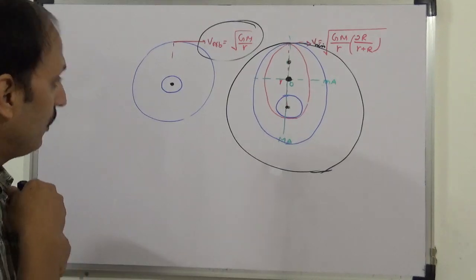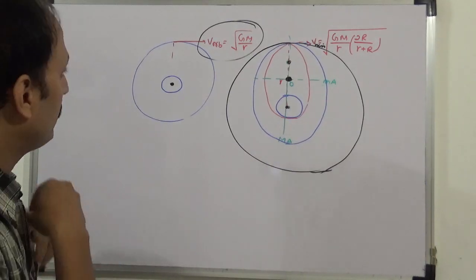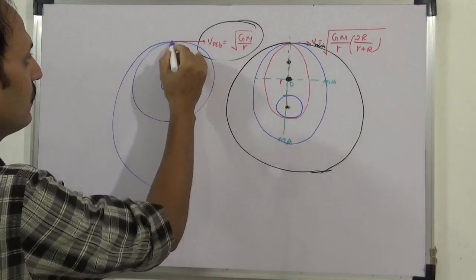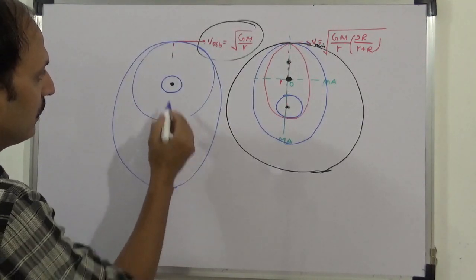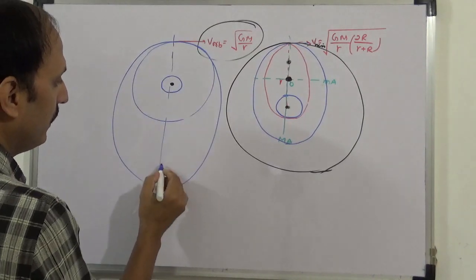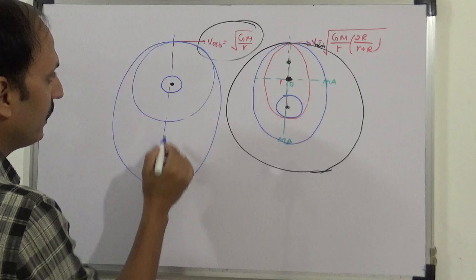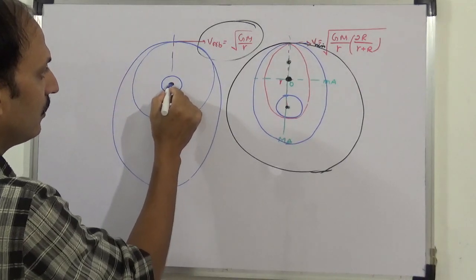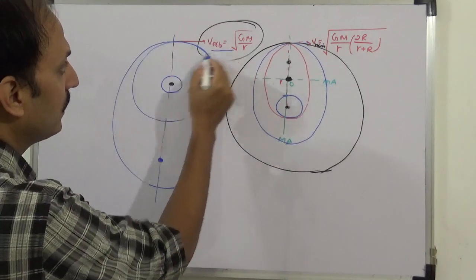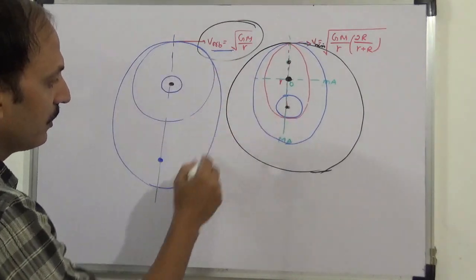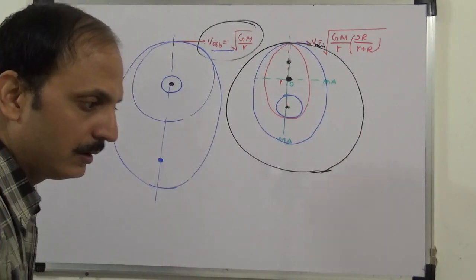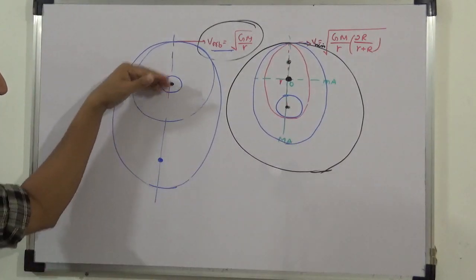Now if you again increase the velocity from here, it is going to execute a further elliptical path, with one focus here and one focus here. So now this will become a near focus. If velocity is more than this, it is again going to execute an elliptical path with earth as a near focus.